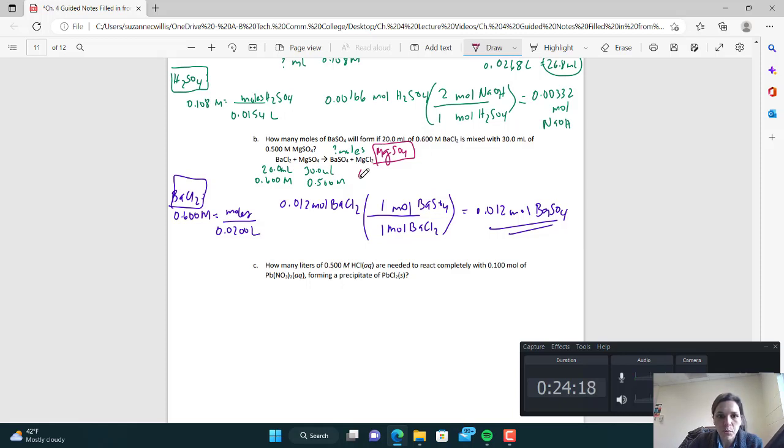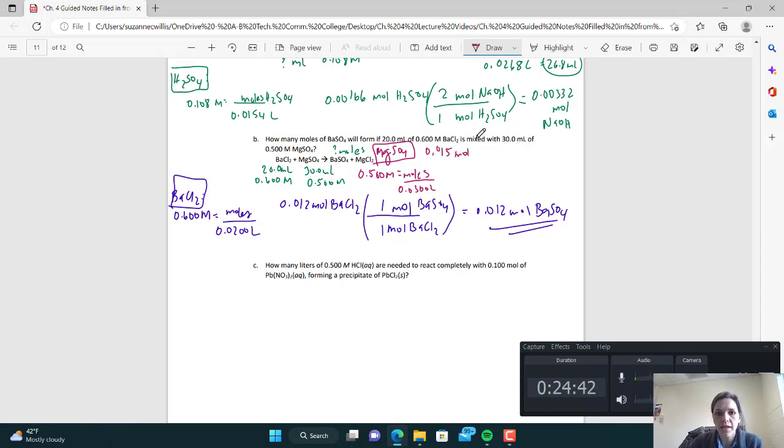We start with the 0.500 molar. We're looking for how many moles there are present over the liters, which is 0.0300. So I'll cross multiply. All I'm figuring out is how many moles are present, and it's 0.015 moles.